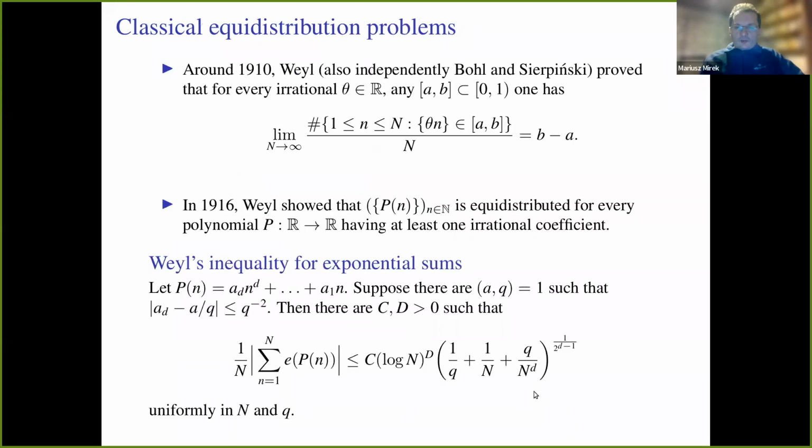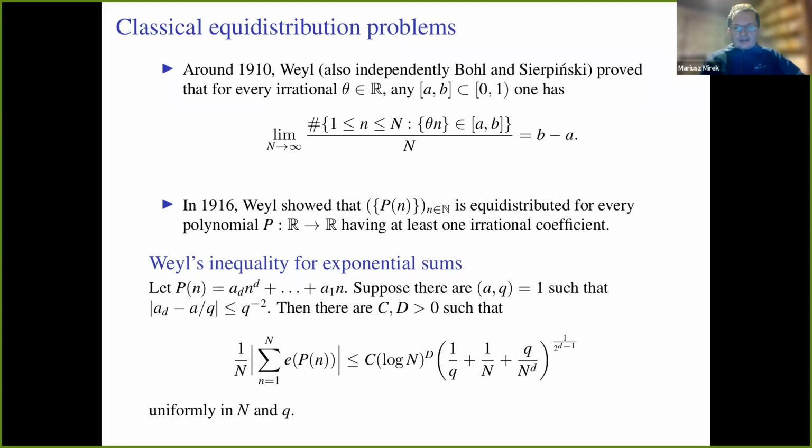And so one of the classical results about the equidistribution, which was proved around 1910 of the previous century, was proved by Weyl and independently by Bohl and Sierpiński. It says that if we have an irrational number theta, then the fractional part of n times theta is equidistributed in the unit interval.